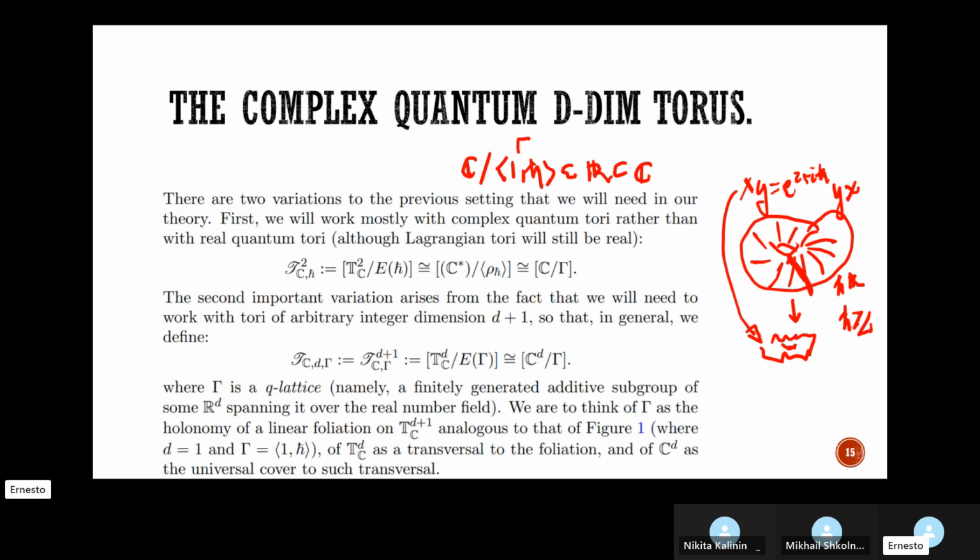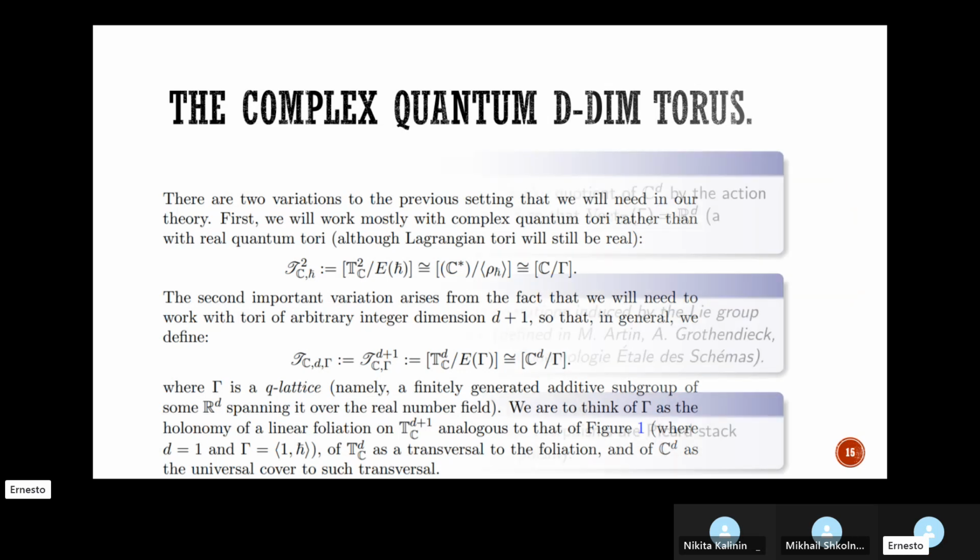So that was the quantum torus. That's on the previous talks.